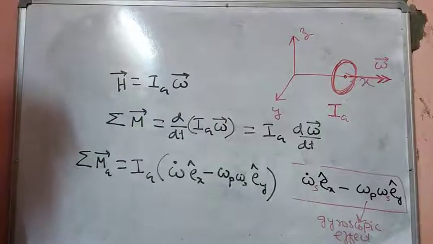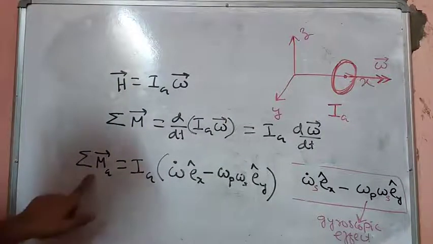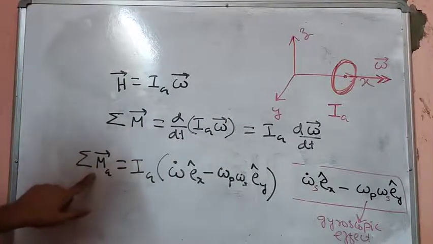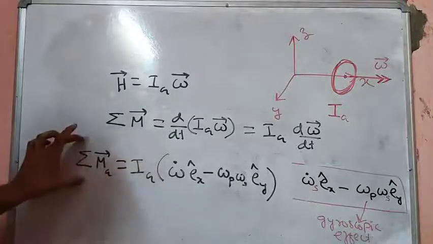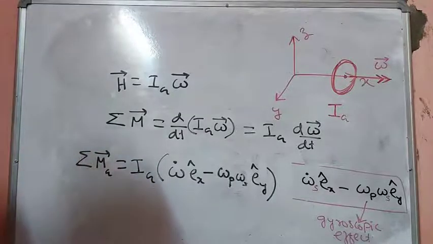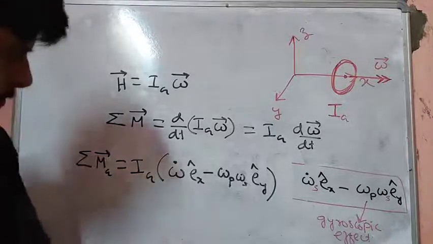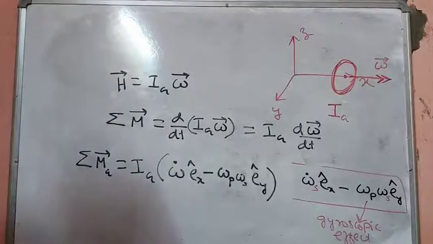So we have two equations over here: the sum of all external moments about the x-axis and the sum of all external moments about the y-axis. So this is the vector equation, and we have two equations over here.